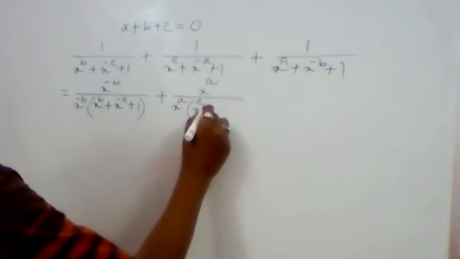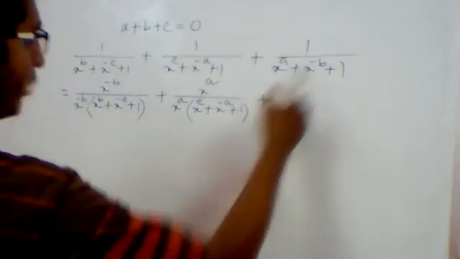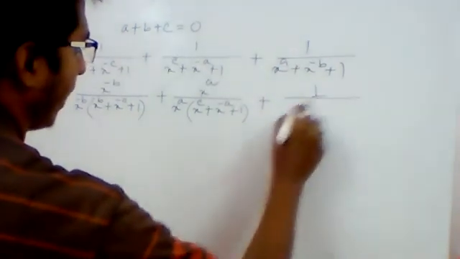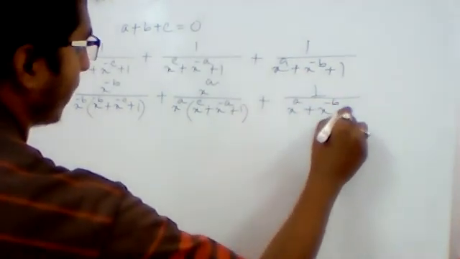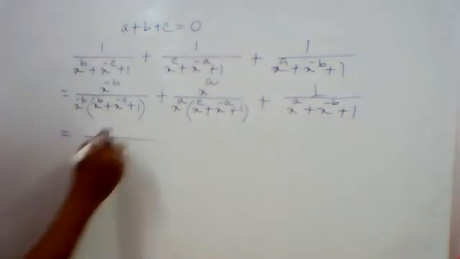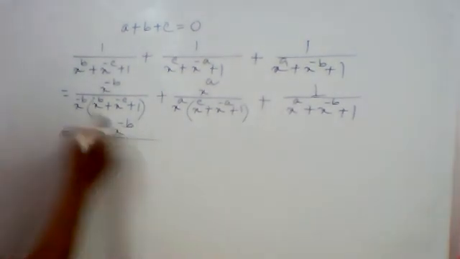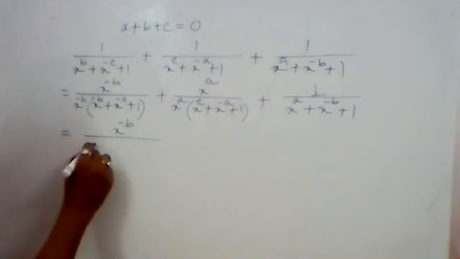X to the power c plus x to the power minus a plus 1. And it will be unchanged, we have told it earlier, plus 1. Now observe one thing. It is x to the power minus b. If we multiply, it will be x to the power minus b and plus b, that is x to the power 0. That is 1.